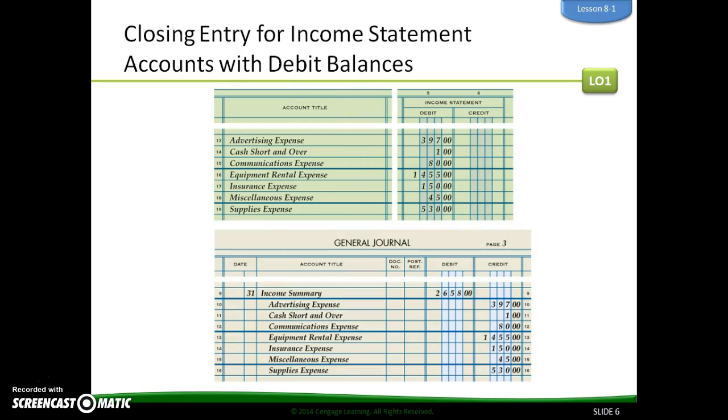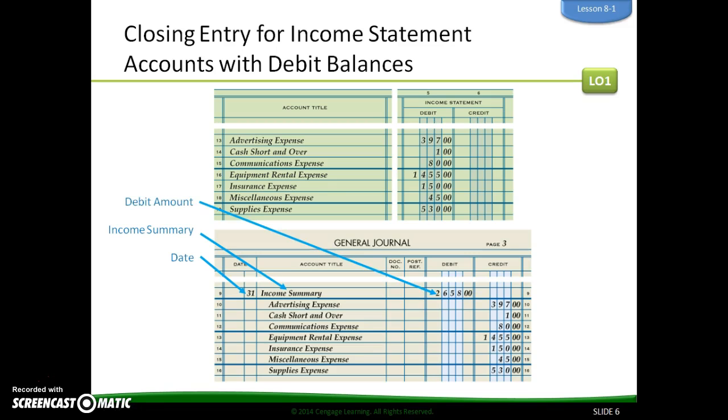Okay, so here's the income statement, and it shows that we have lots of accounts with a debit balance on our income statement. So we're going to total these up, and we're going to post a credit to all of those accounts in our closing entries, and then we are going to post a debit to our income summary account.